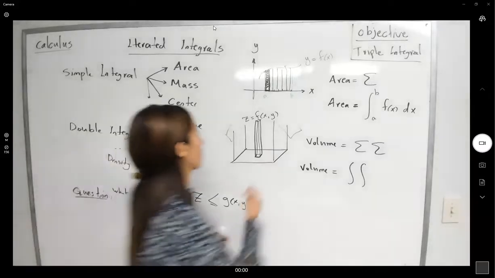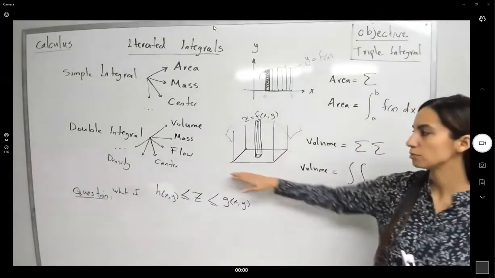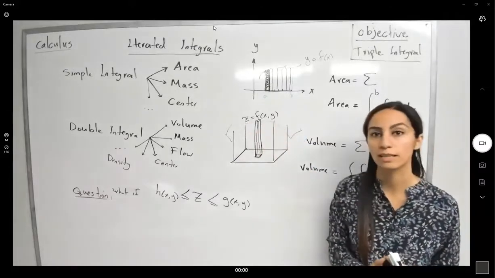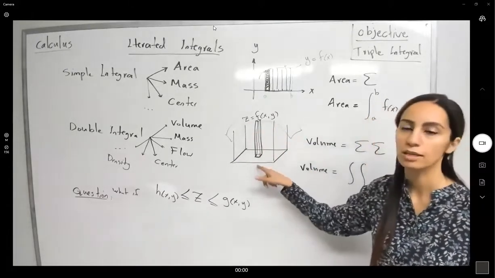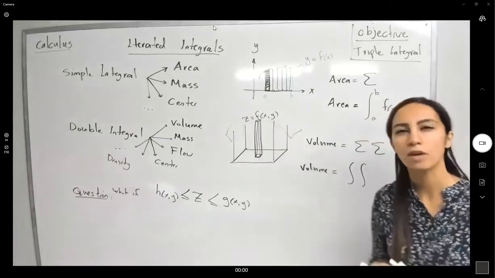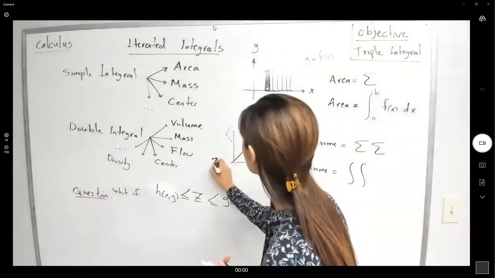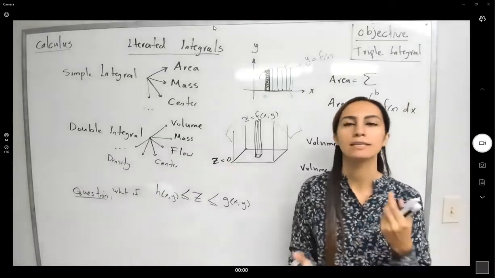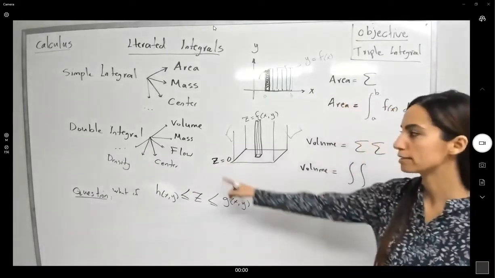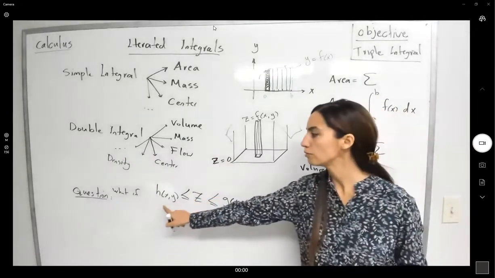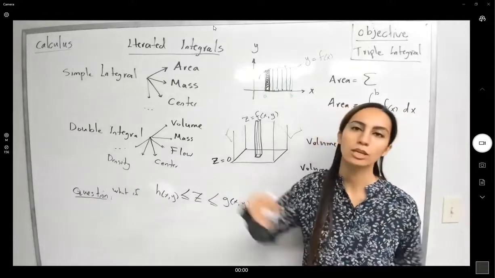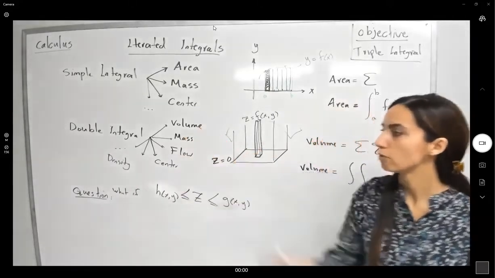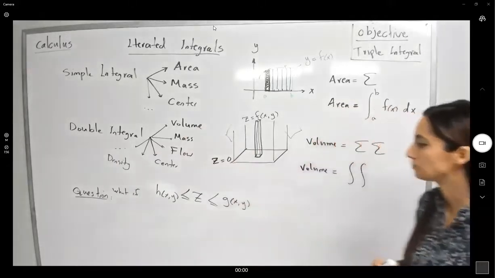If we look at this one, it says my z is bounded between 0 and z equals f of x and y. Remember that our region is in the xy plane. In the xy plane, z is always 0. Now we are saying, what if my z is not bounded by 0? My z is bounded by another function. How do I calculate the volume or mass, flow, center, density, and so on?